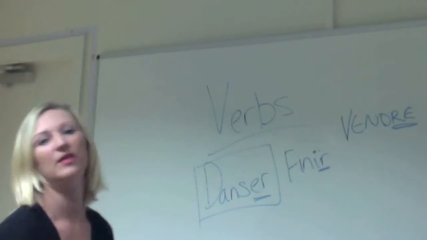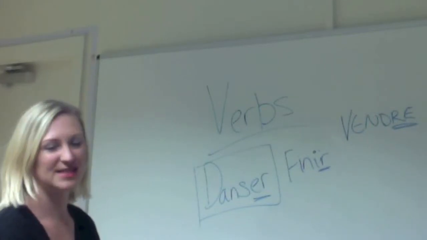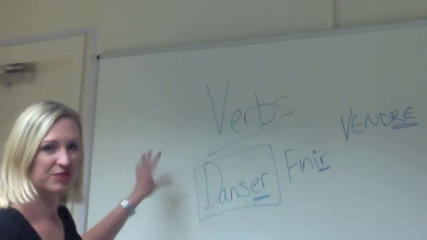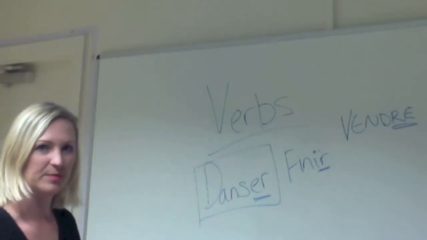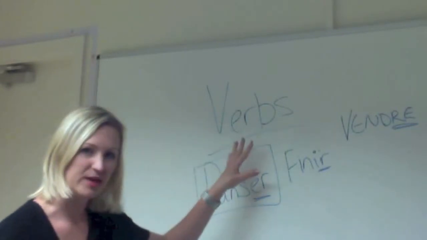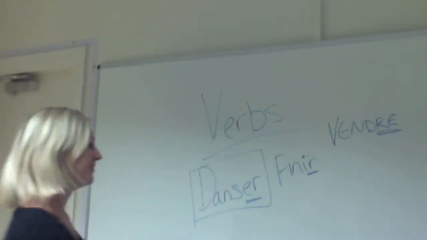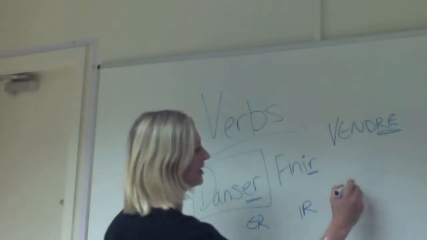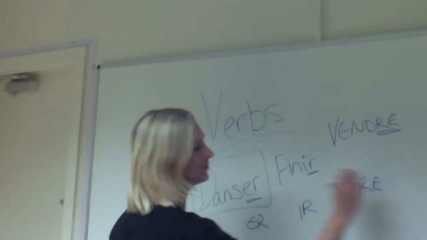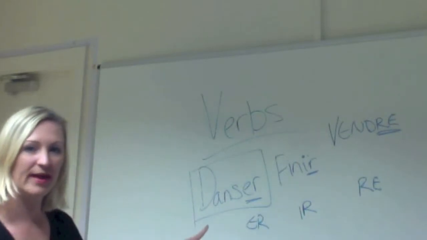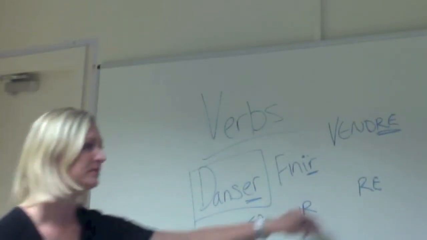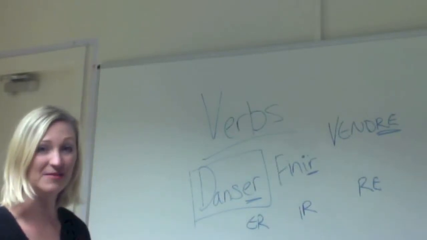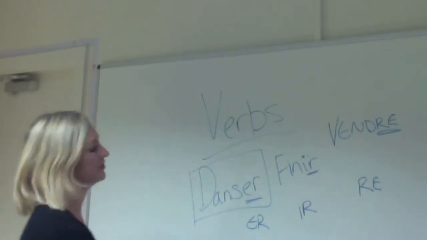You can tell that they are verbs because there's an action going on and there's usually a person or an object in front of the action saying who's doing it, then you've got your action. Our three types of verbs are ER, IR and RE. The two letters on the end of those infinitives, the full parts of the verb.